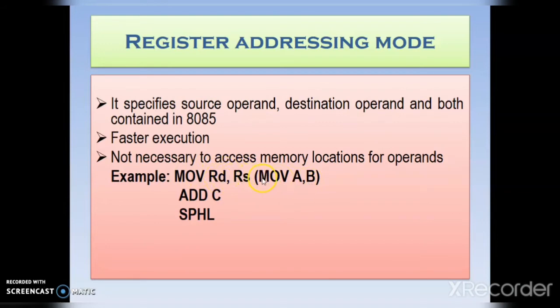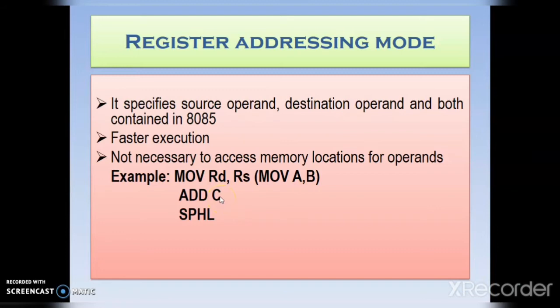In this example, I am considering two registers. As I said earlier, in register addressing mode we have either a register or a register pair. In this example, I am considering only registers. Source is the B register and destination is the A register. The function of this instruction is that it transfers the contents of the B register into the A register. And the second example is ADD C. ADD represents add and C represents the register.